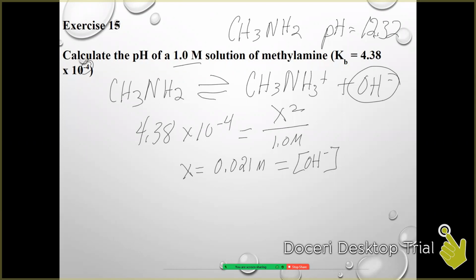So if I just do a quick 0.21, no, 0.021, that would make a difference, wouldn't it? So what I get is my X, if I divide it by my original concentration and times 100, you end up getting 2.1%. So you're fine, because our rule is it needs to be less than 5%.